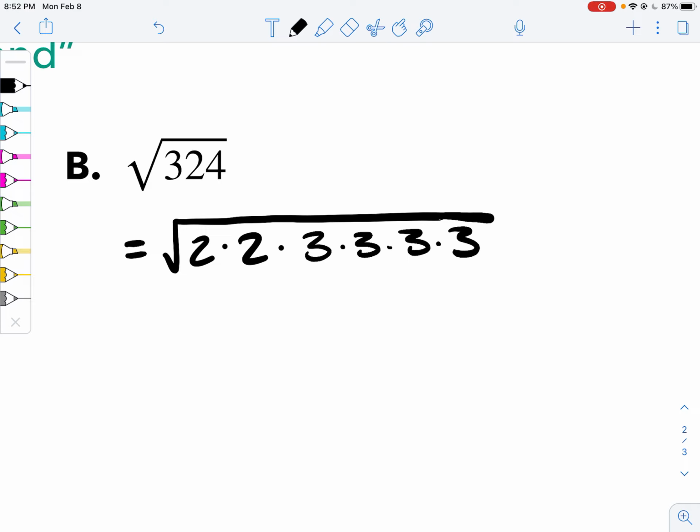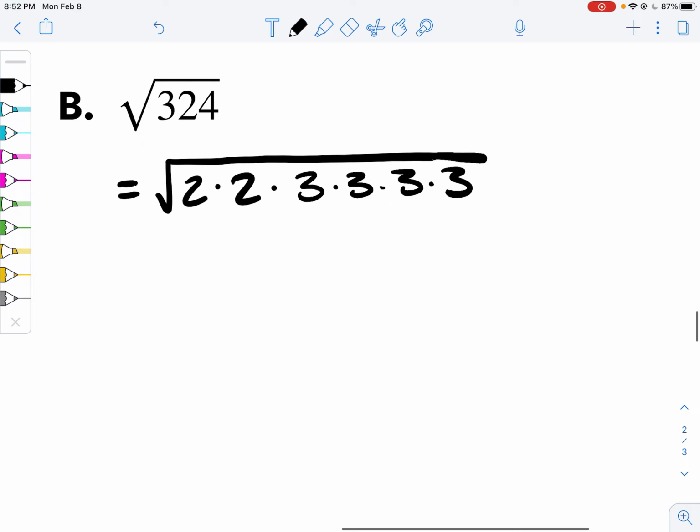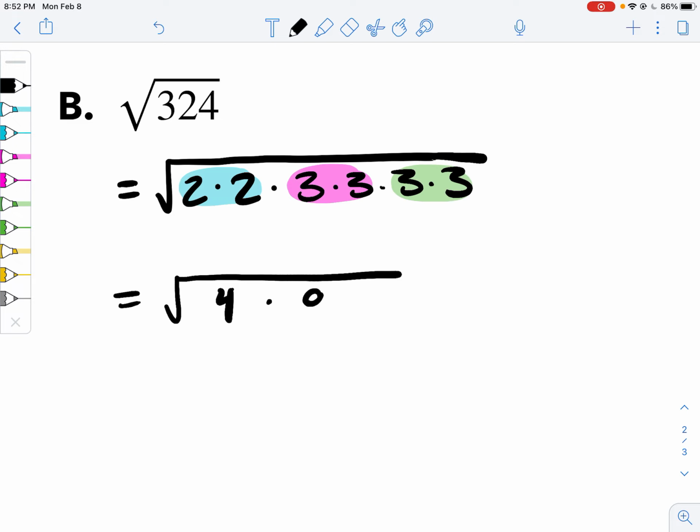So after we've broken it up into all of our little pieces, now we need to put these guys into pairs. So one pair is a 2 pair, a 3 pair, and another 3 pair. So that's the square root of 4 times 9 times 9.